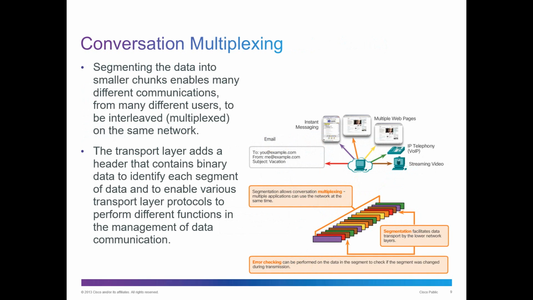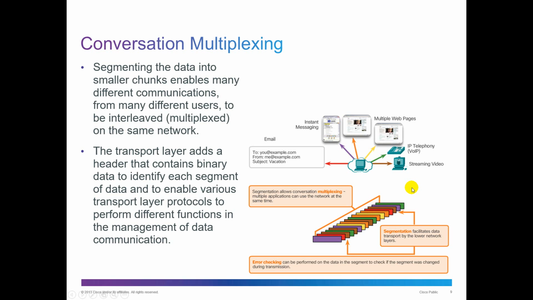So this all goes into a process called multiplexing, basically using those segments to split data up into smaller chunks so that many different types of data can be sent along the network at the same time, as you see with this very detailed multicolored graphic right here.